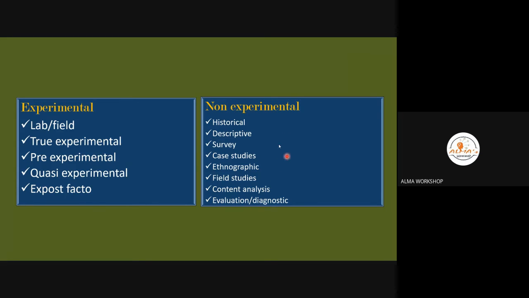These are called qualitative research designs. This is quantitative research design. Of course, both qualitative and quantitative will come for experimental and non-experimental. Whenever data and statistics are involved, it is quantitative research design. You have ethnography, field studies, content analysis, etc. You have other types of research which I have not given in the syllabus for you.